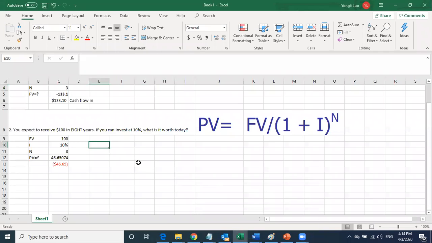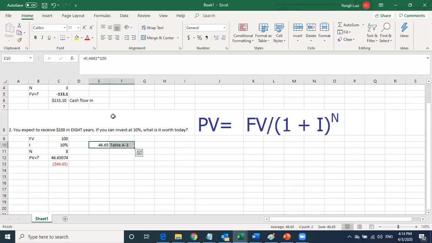We can do 0.4665, and then times $100, which is your future value. See, that's your present value, $46.65, and you can have that using table A3.